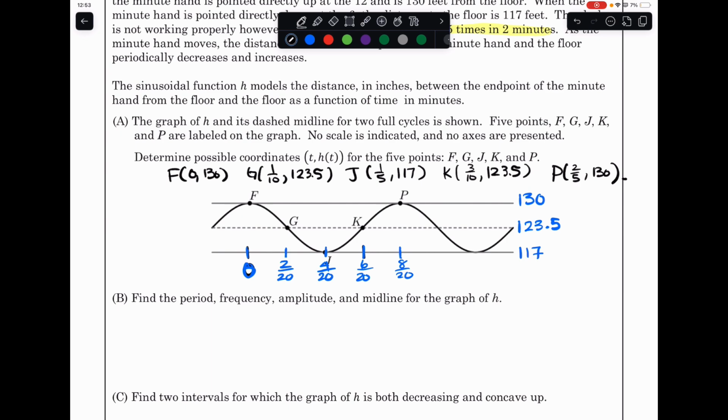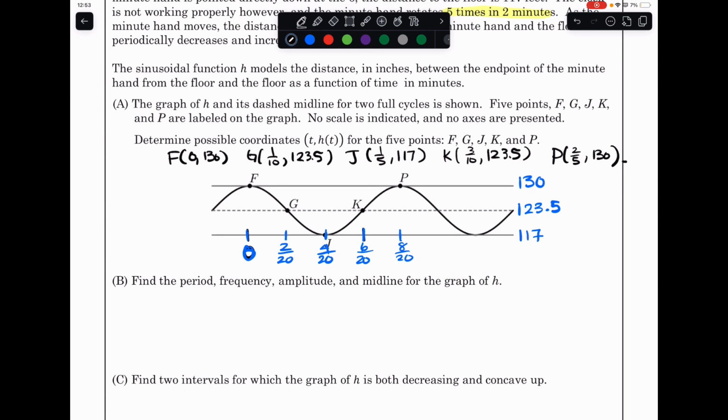And now let's figure out the period, frequency, amplitude, and midline. Well, we already did all that work. We know that our period is going to be 2 over 5. Okay, the frequency is 5 over 2. Our amplitude is the distance from the middle going up or going down, and that is a distance of 130 minus 123.5.